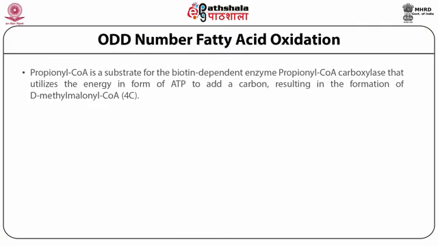Therefore, the propionyl coenzyme A is converted to a usable form, succinyl coenzyme A, through rearrangement of the reactions involving vitamin B12, and thus it enters the Krebs cycle or the citric acid cycle.